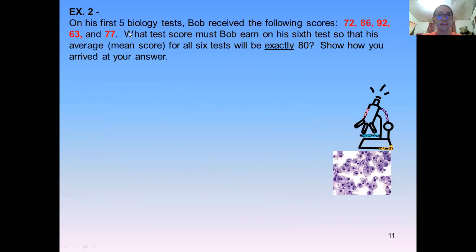The next slide is about example number 2. On his first 5 biology tests, as you can see, Bob received the following scores: 72, 86, 92, 63, and 77. What test score must Bob earn on his 6th test so that his average or mean score for all 6 tests will be exactly 80?